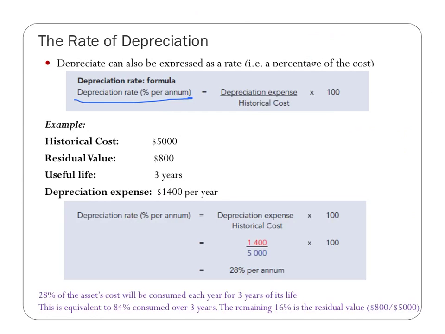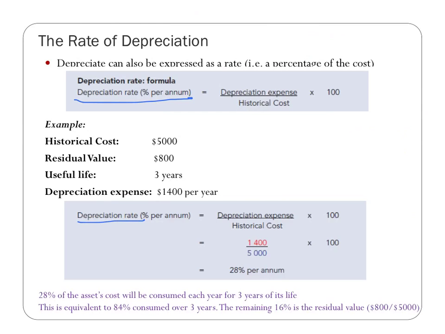Let's have a look at an example. If we have a historical cost of 5,000, residual value of 800, useful life of 3 years, and depreciation expense of $1,400 per year, what's going to be our depreciation rate per annum?